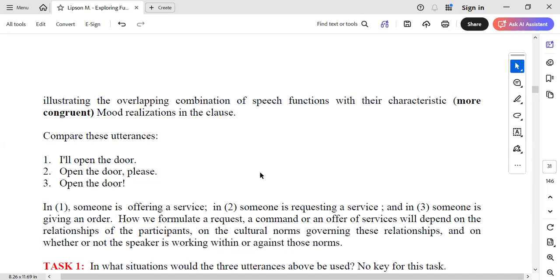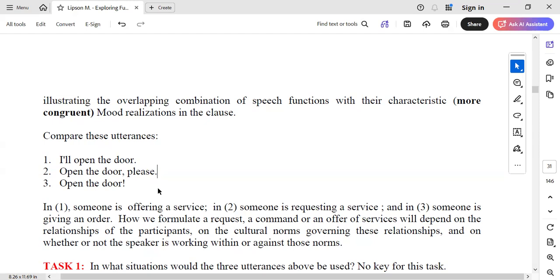Or in the same way, if your teacher himself requests "open the door, please", this would be considered a request because that's not your job to do. On the other hand, if you're talking to a servant and you say "open the door", that is actually a demand or command.